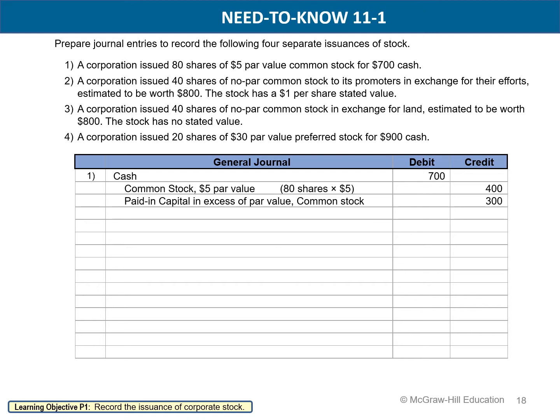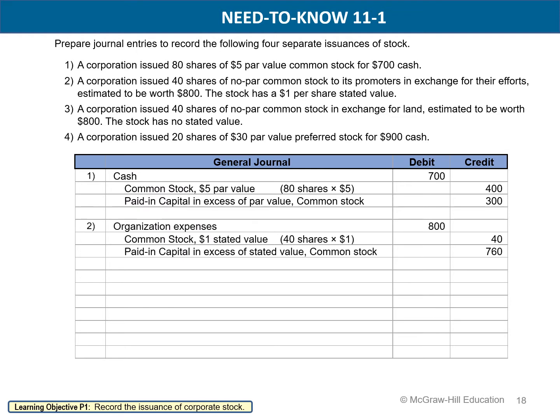Well, 80 times 5 is 400. So the plug to make your debits equal your credits is going to be a credit to paid in capital in excess of par for 300. Okay, the credit that gets booked to common stock every time needs to be for par value. And then anything in excess of that goes to paid in capital in excess of par. Okay?